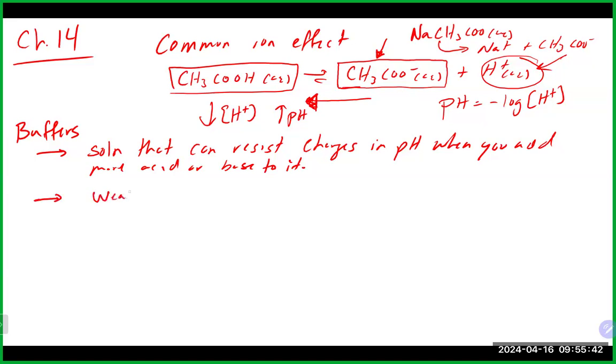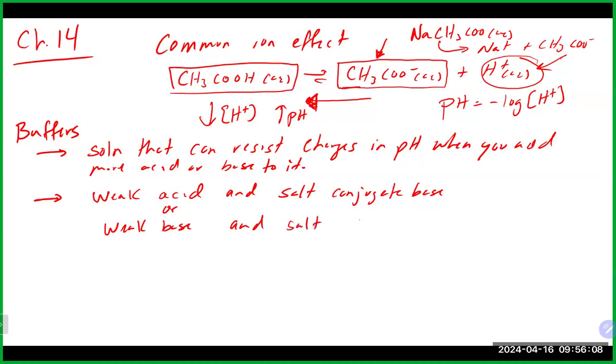It's made up of one of two combinations: either a weak acid and the salt of its conjugate base, which is still your Bronsted-Lowry definition, basically two things that are related to each other by a difference of an H plus. Or you could have a buffer that's made up of a weak base and the salt of its conjugate acid.